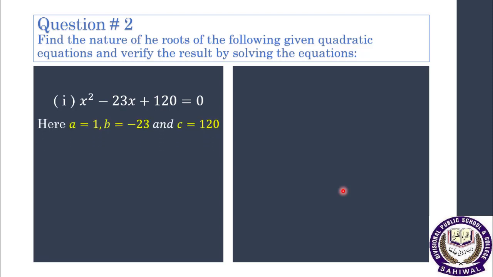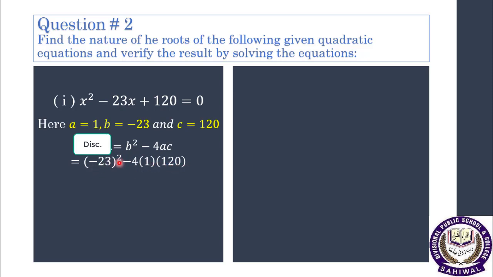When we compare this equation with the standard form of the quadratic equation, we get a is equal to 1, b is equal to minus 23 and c is equal to 120. We know that the discriminant is equal to b square minus 4ac. Putting the values of a, b and c, we get minus 23 square minus 4 times 1 times 120.